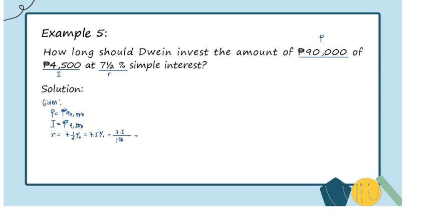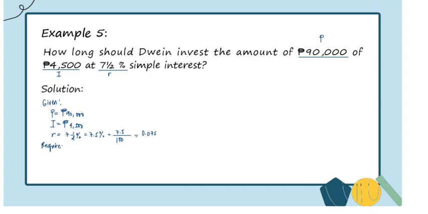So if you have 7.5, that would be 1, 2. Therefore, it's going to be 0.075. So 0.075 is our decimal form of 7.5%. And then, what is required?